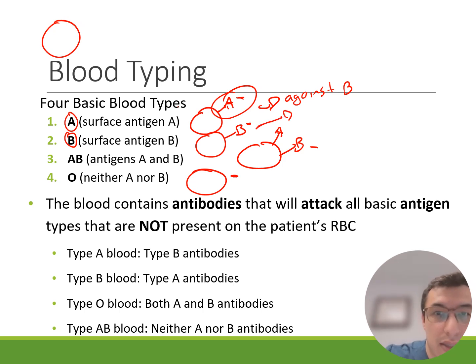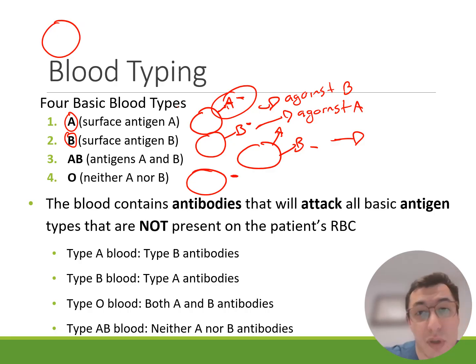In this case, it will be against A. Since this cell right here in this third example has both antigens, it doesn't produce any antibodies, no antibodies against these two antigens.